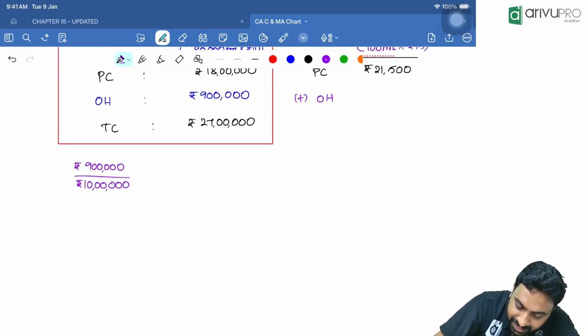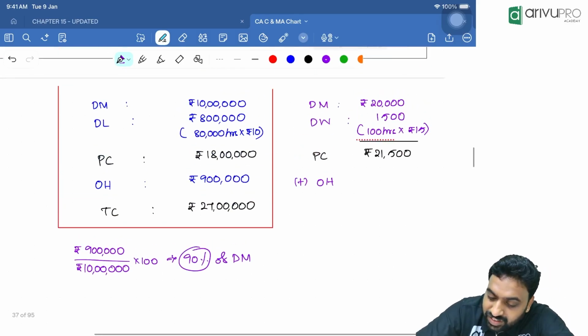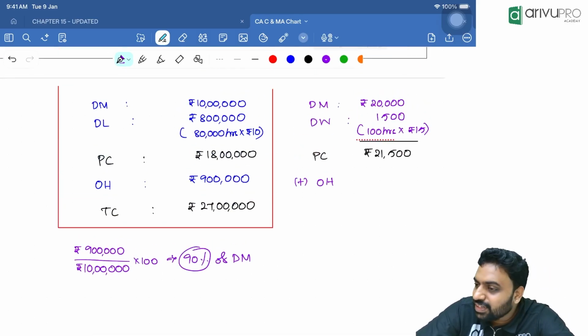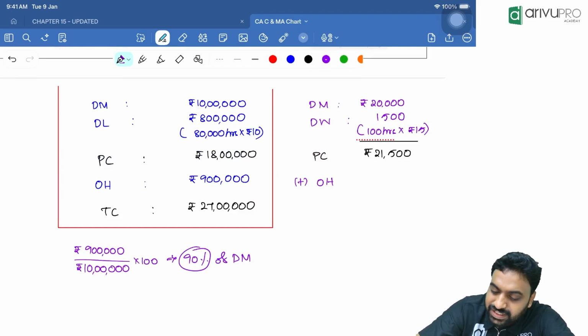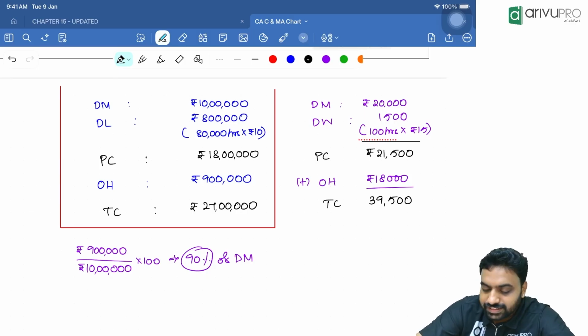That means, can I say that overhead is 90% of direct material? Yes. If I apply that method, then your overhead will be recovered as 20,000 into 90%, 18,000. So total cost of this will come to 39,500. This is method number 1.